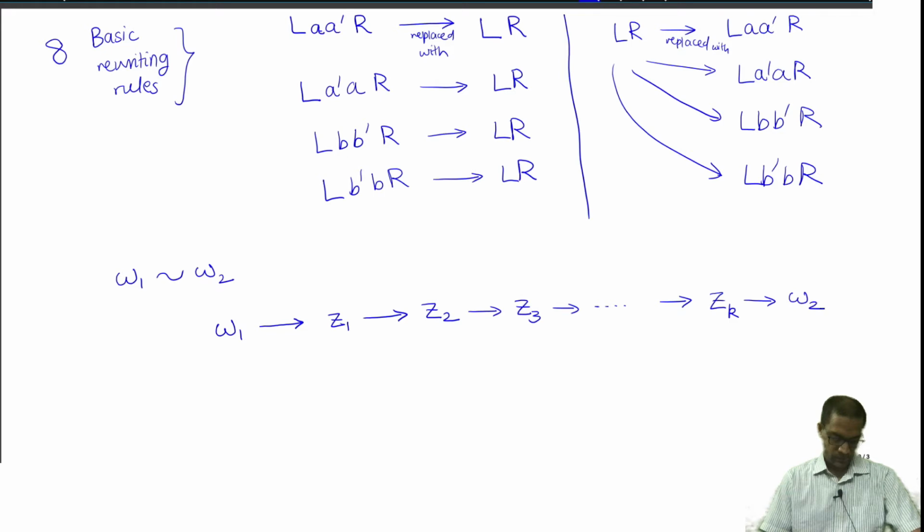So if you can find a sequence Z1, Z2, up to Zk such that this chain from W1 to W2 proceeds through successive basic rewriting rules, then you declare that W1 is equivalent to W2. I hope the definition is clear.